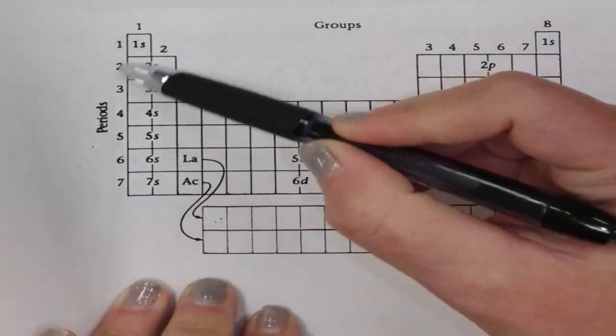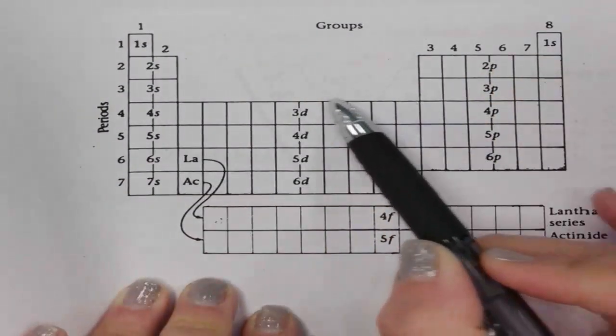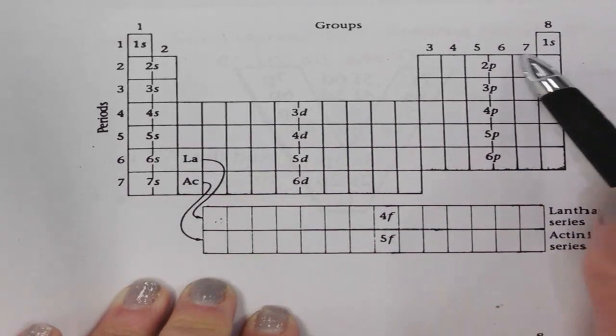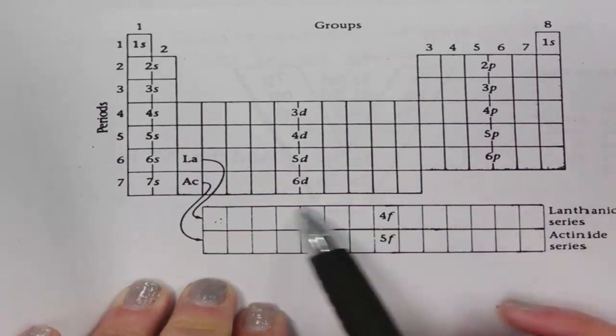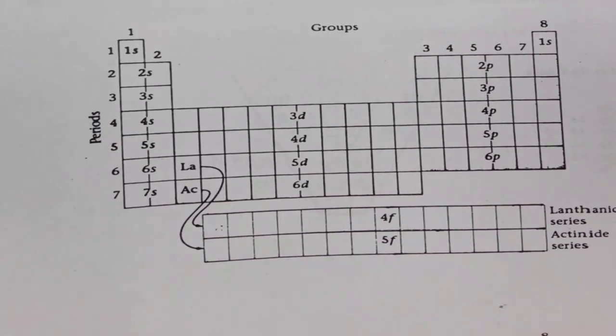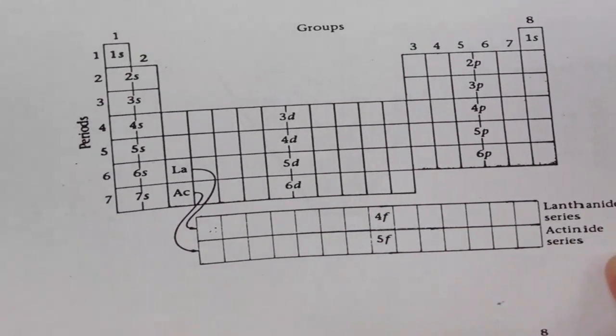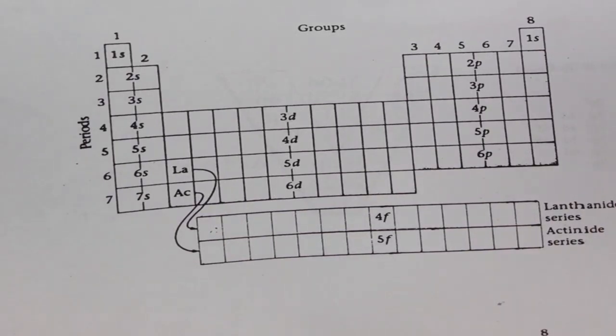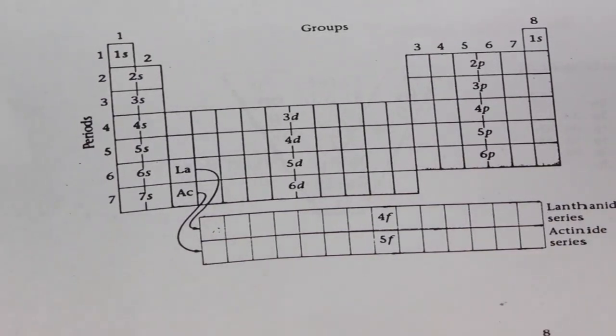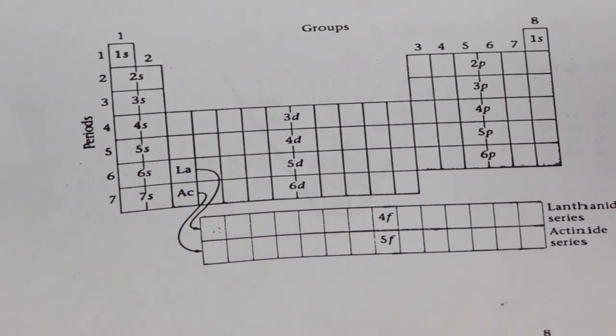The sections. So we have the S, the D, the P, and the F. Now, what does that mean? The S, the D, the P, and the F, these all have corresponding shapes. So what that simply says is a shape.